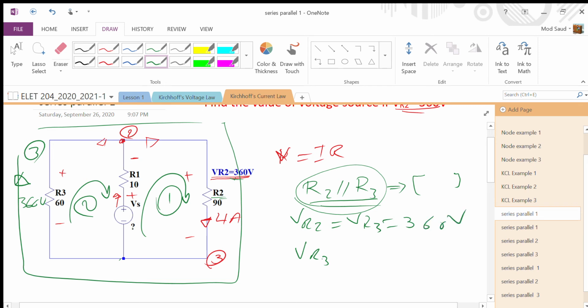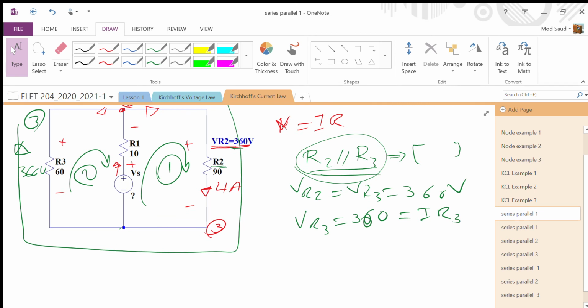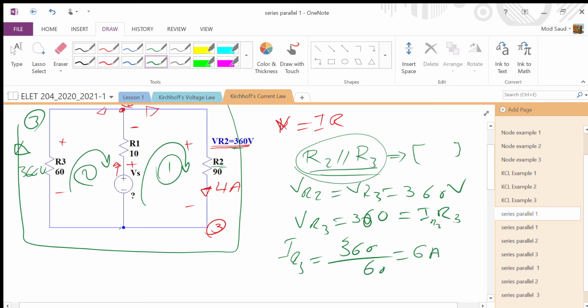VR3 is 360 and at the same time it is IR. I know V, but I don't know how much R is. And here IR3 equals 360 divided by the resistance 60, which is equal to 6 amp.